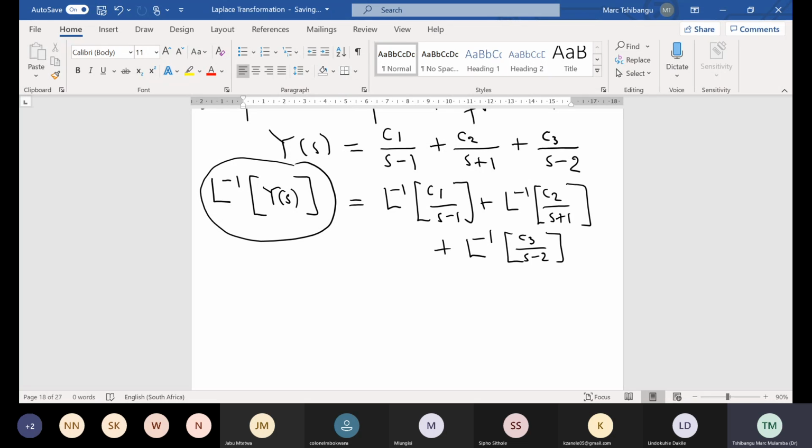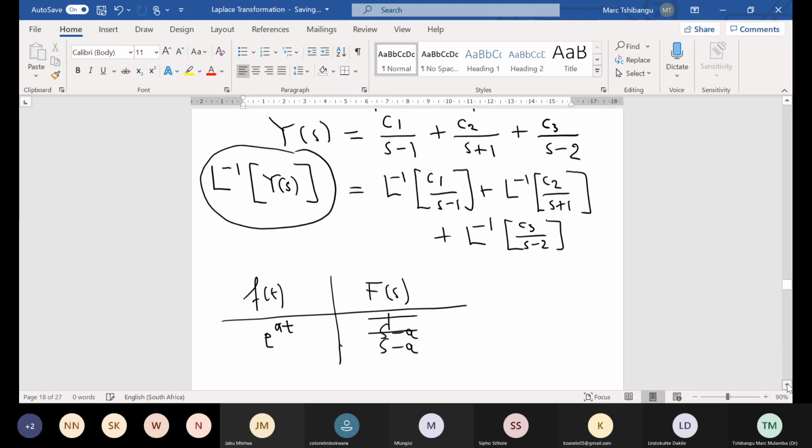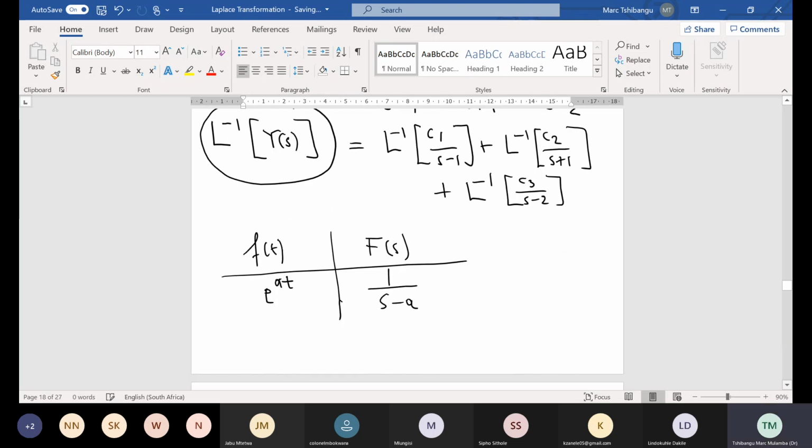We know that if f of t is equal to e to the power of at, its Laplace transform, taking this from the condensed table of Laplace transforms, is 1 over s minus a. So this means the Laplace transform of f of t is equal to 1 over s minus a.